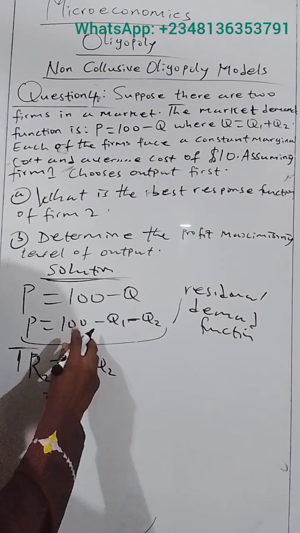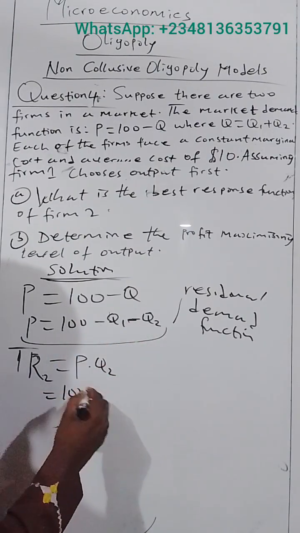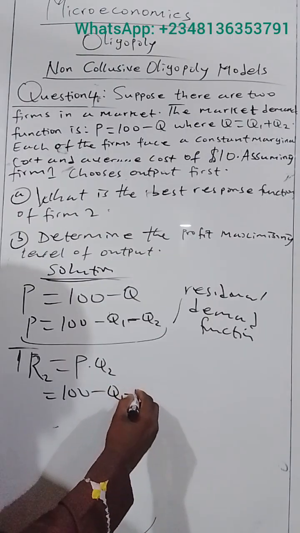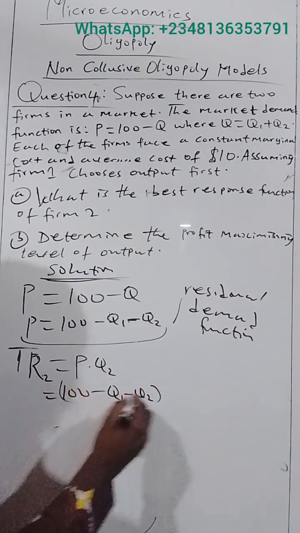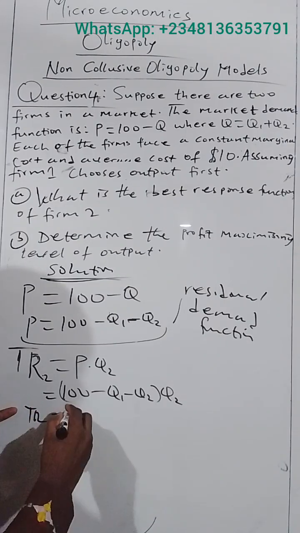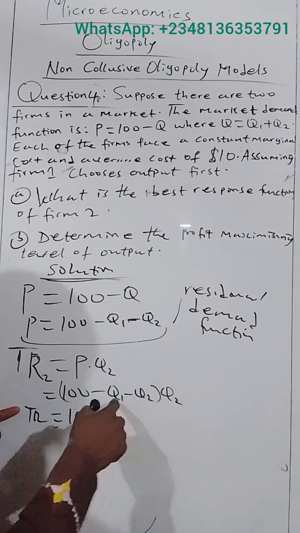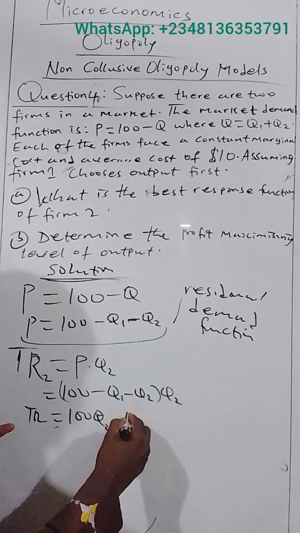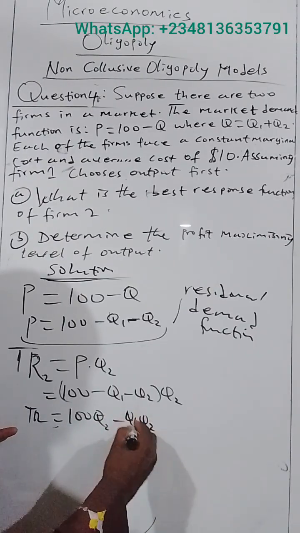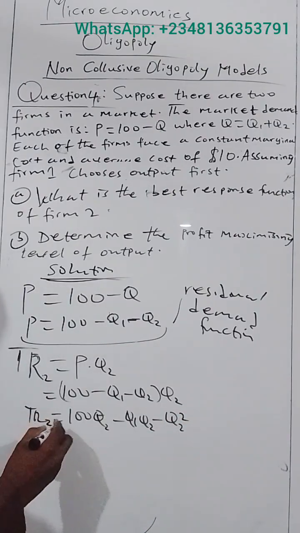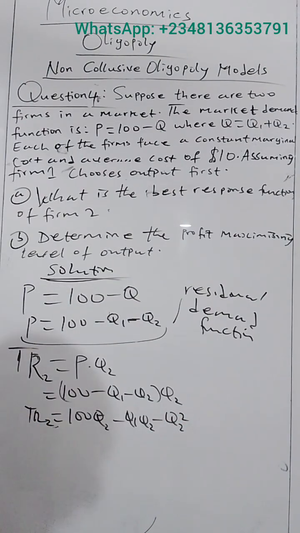The price is 100 minus Q1 minus Q2, then multiplied by Q2. So TR equals 100 Q2 minus Q1 Q2 minus Q2 squared. This is the total revenue of the follower, which is firm 2.